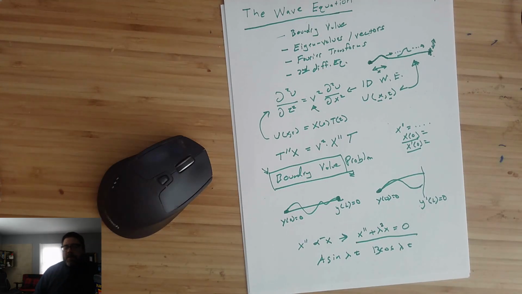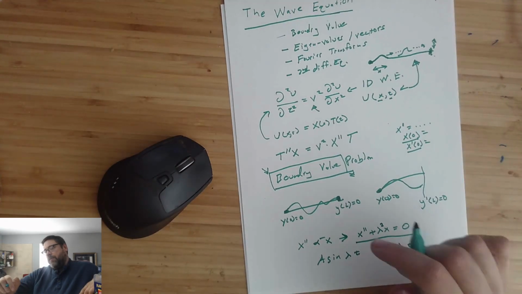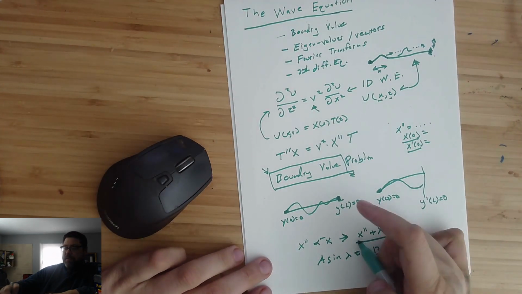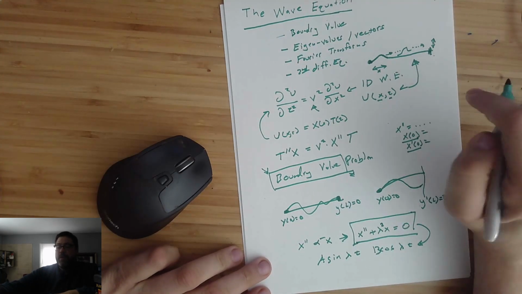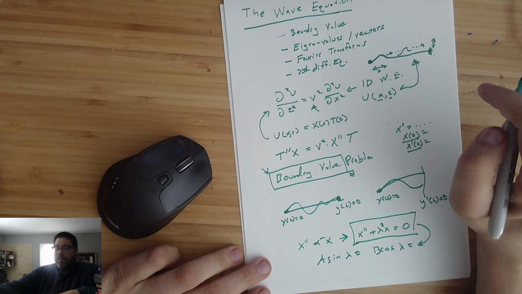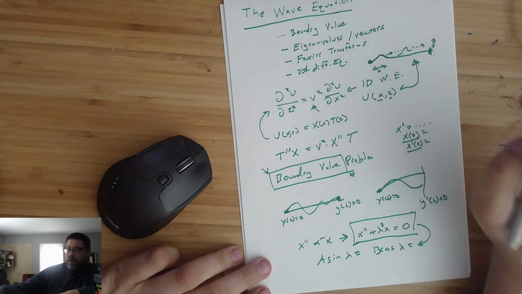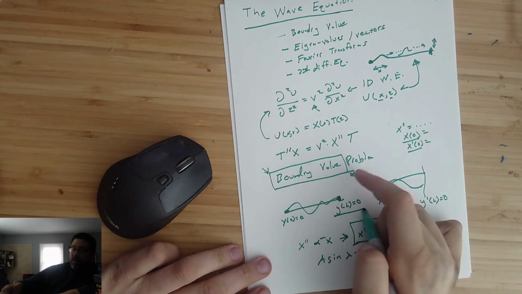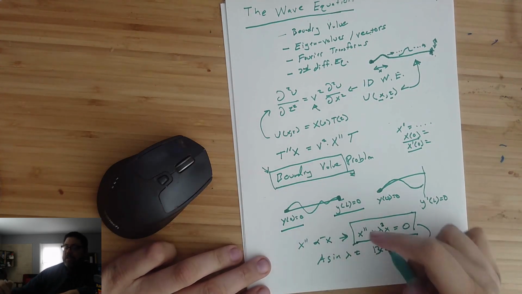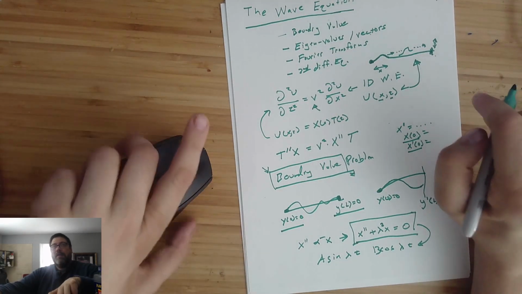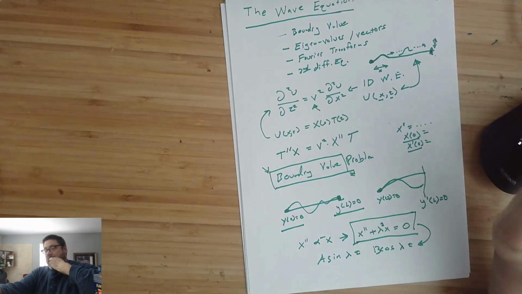So just given the equation, just given this part, we know what the solutions are. But eigenvalue, eigenvector, boundary value problems actually give you more information. That is to say, if we also know that this and this has to be true, that puts limitations on the acceptable lambda values we can have.